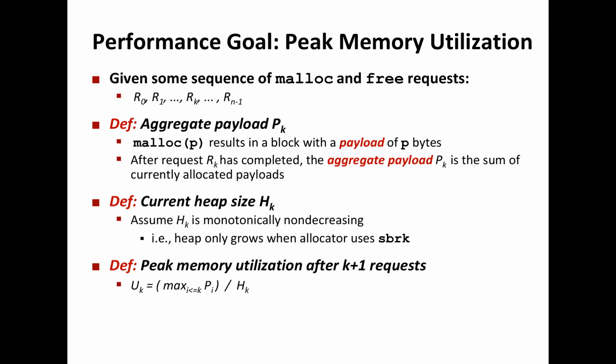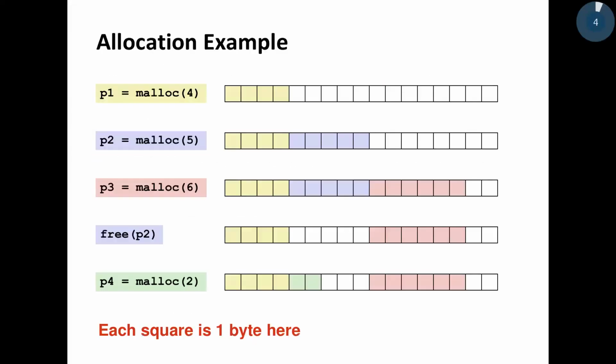So now, let's look informally before giving a formal definition, right? We allocated 2 bytes at the very end. Let's imagine that we have another request when we want to allocate 5 bytes. So what would be the minimum heap size at that point?